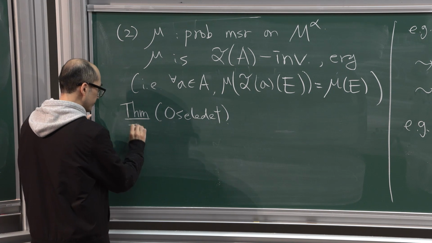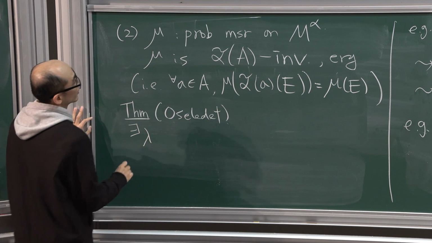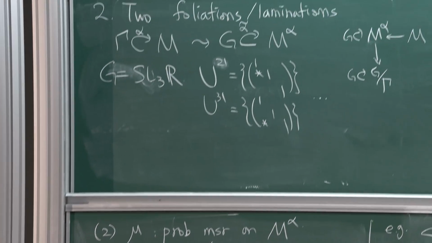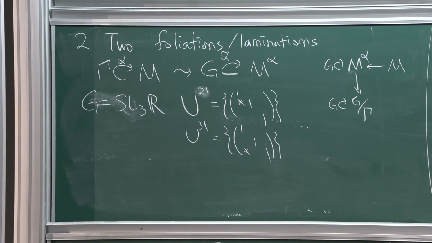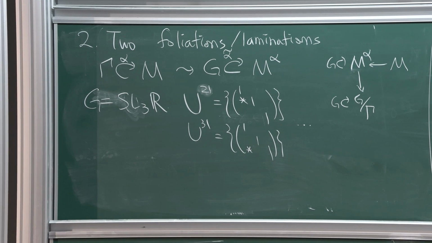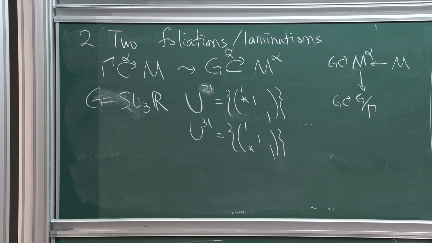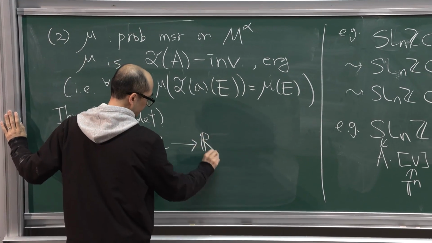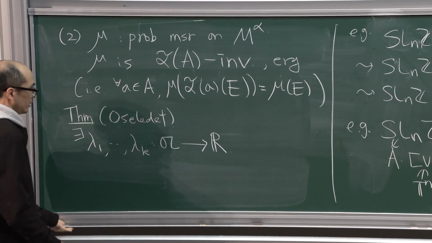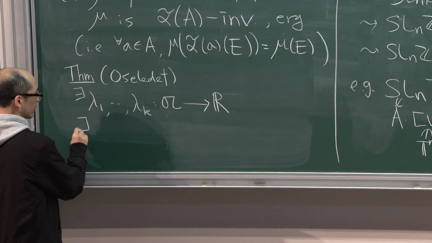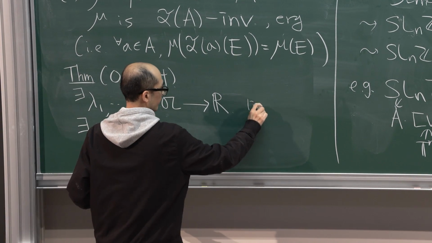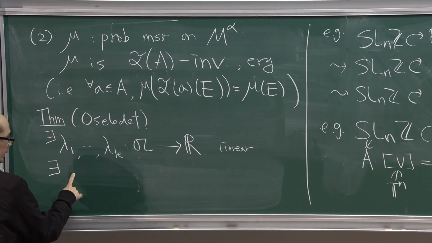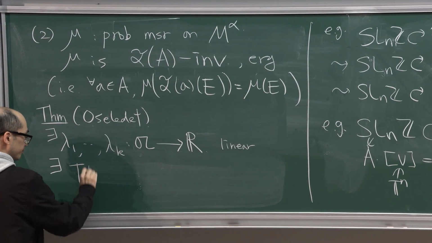So there exist lambda 1 to lambda k. Now I only care about the smooth manifold, so I can take a derivative. These are actually linear functionals on the Lie algebra of A to R. And this is linear. And there exists what? There exists a splitting.